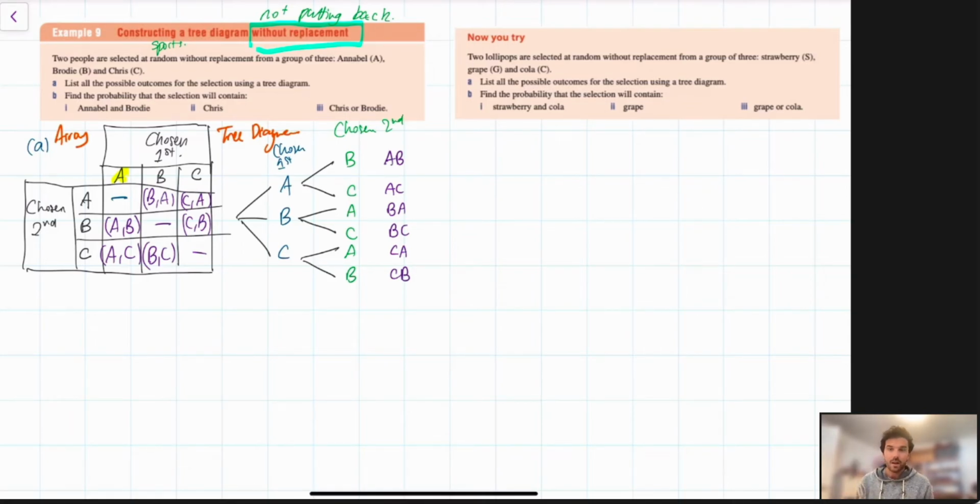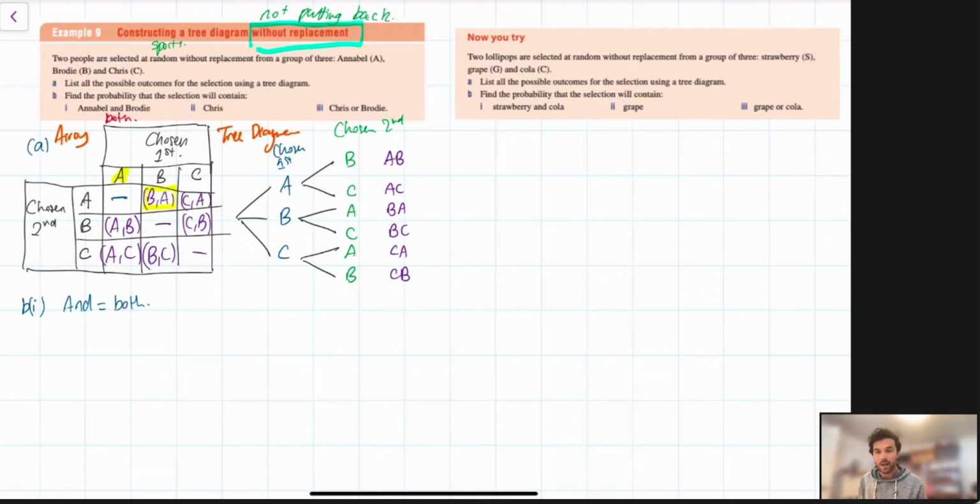So B says, find the probability that the selection will contain Annabelle and Brody. So that means they both need to be there. When you see that word and, think both. So what's a situation where we have both Annabelle and Brody? Let's have a look and highlight in yellow.